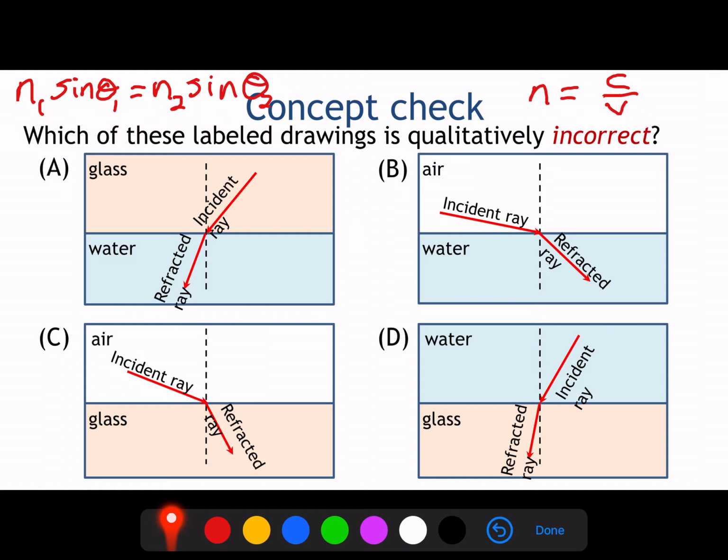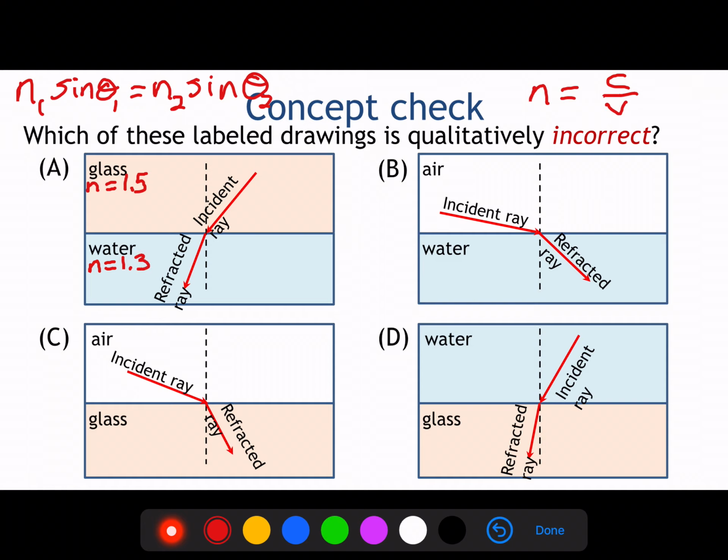So the important pieces of information we need to know in order to answer this conceptual question are the indices of refraction of the various substances. So glass, the index of refraction, if you recall from the chart that we talked about in the last lecture, is approximately 1.5, and water is approximately 1.3.